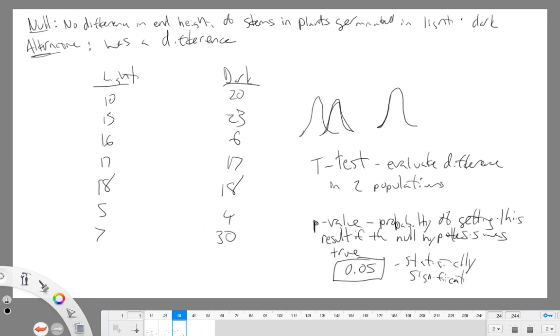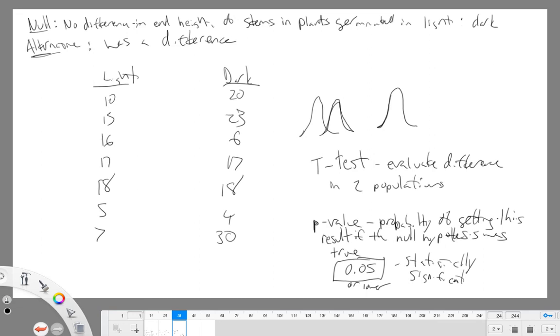So if you run a statistical test and you get a p-value of 0.05 or lower, it's considered statistically significant, and that we are seeing a true effect or some sort of true effect, and that you should reject the null hypothesis, that there isn't any difference. Right?